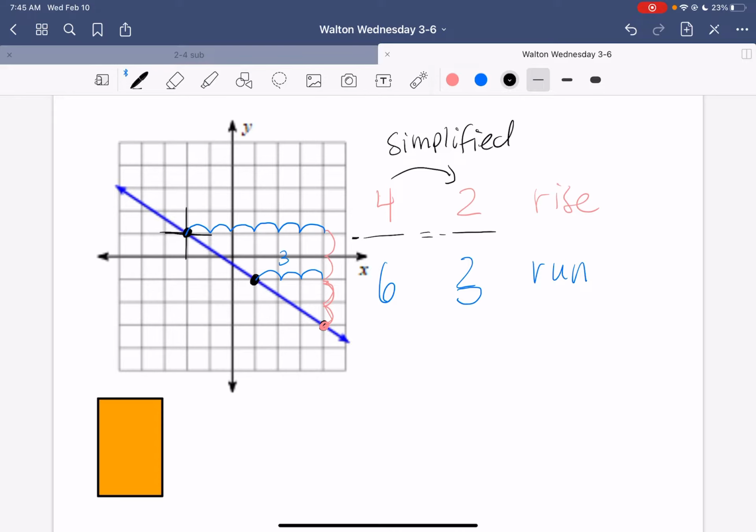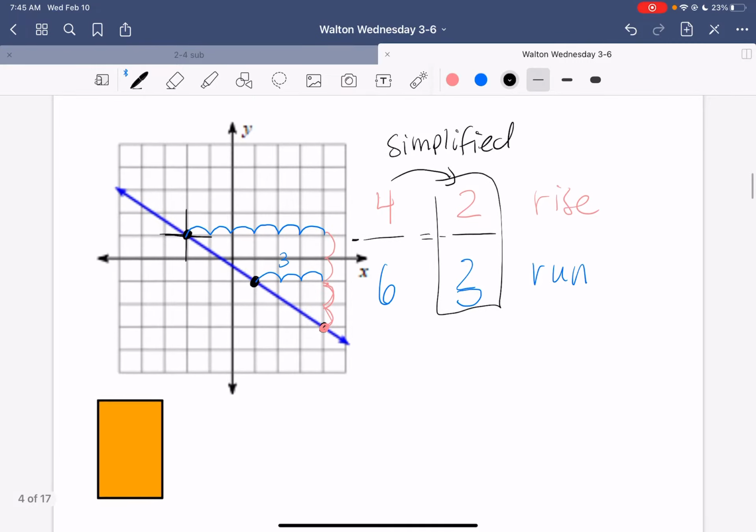So it doesn't matter which pretty points you use as long as you simplify your ending fraction. Okay, I'm going to pause on the next one and ask you to find it. So pause and do it yourself.